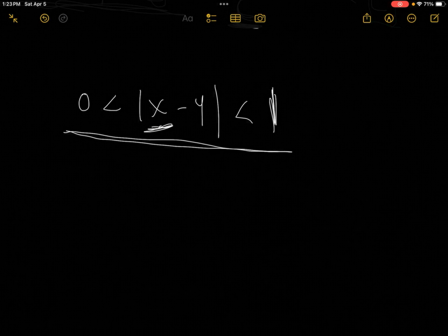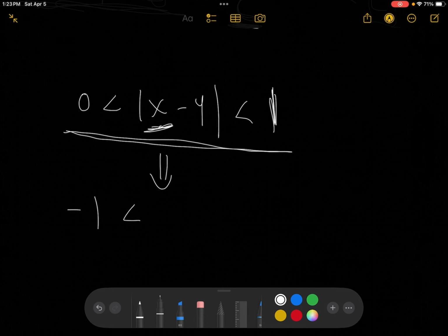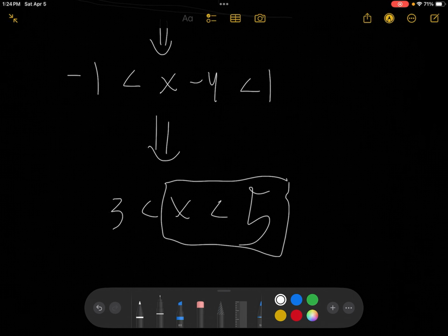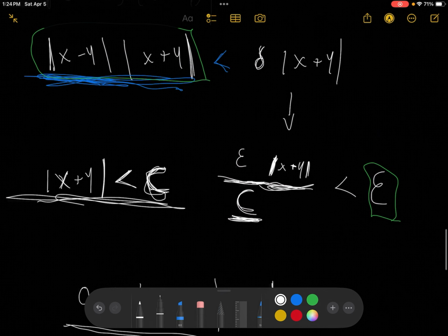Using the manipulations we saw earlier, this implies that x minus 4 is between 1 and negative 1. So x is between 3 and 5. And there we go. We found that x has to be less than 5.